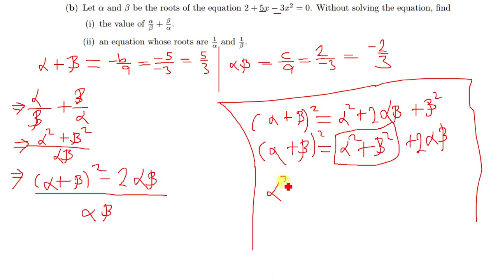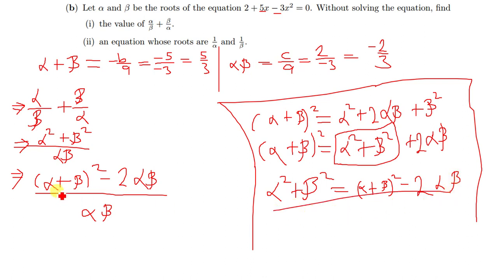So you just have alpha squared plus beta squared being equal to alpha plus beta, then squared, minus 2 alpha beta. Okay, so this is where I got it from, and then I wrote it there.